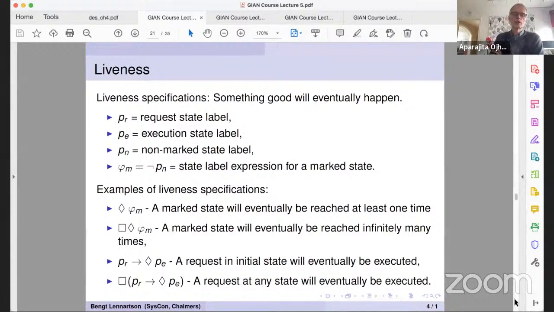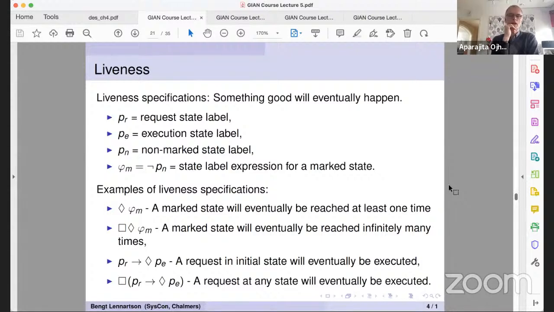And another notion I used here for PN is a non-marked state label. And actually here I used the notion phi m as the negation of the non-marked. That means a state label expression for a marked state. So phi m is a state label for a marked state. We will see why I introduced this negation of the marked state maybe later on here.